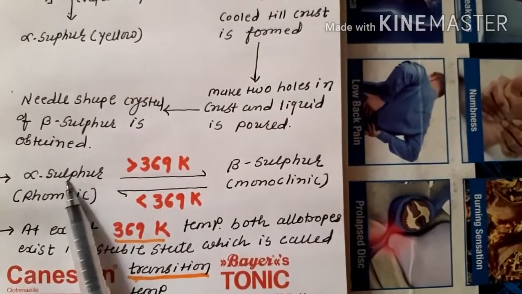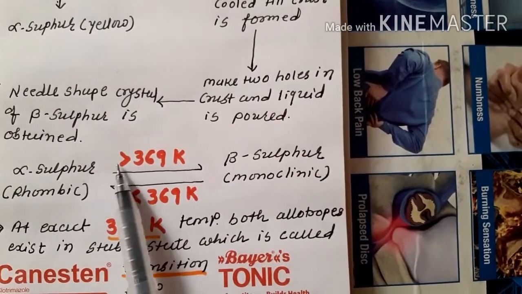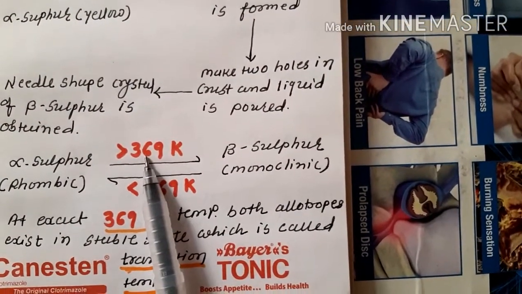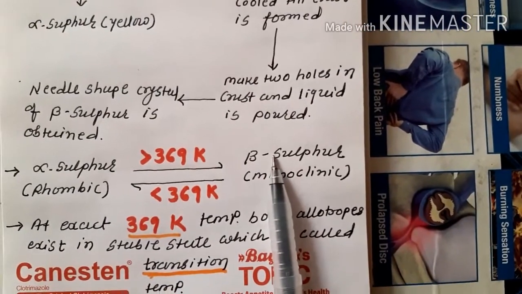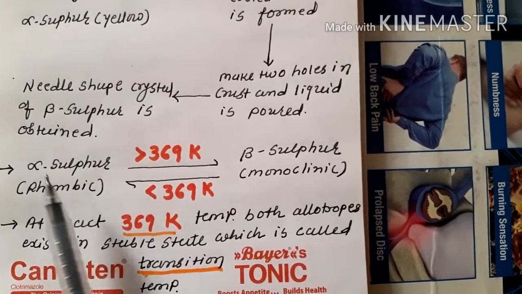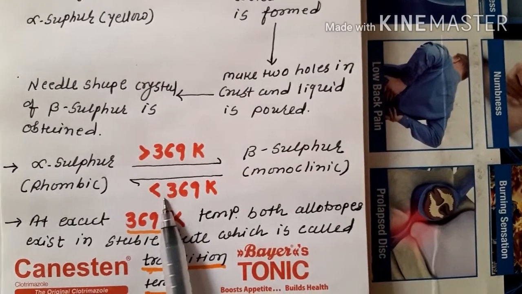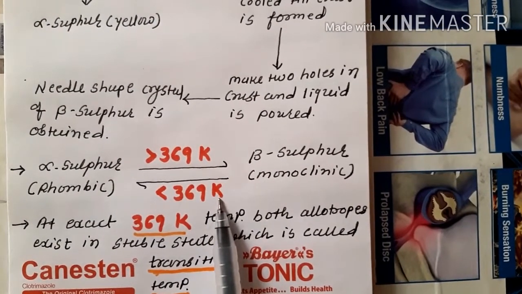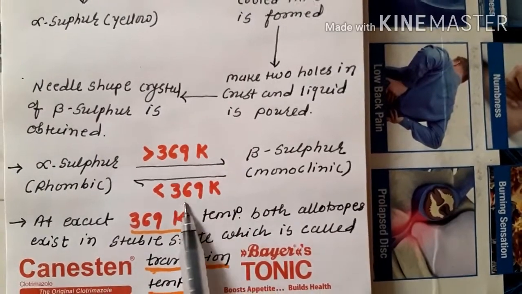See, alpha sulfur is converted to beta sulfur when temperature is greater than 369 Kelvin. Beta sulfur is obtained, and beta sulfur is converted to alpha sulfur when temperature is less than 369 Kelvin. So these both temperatures are important.